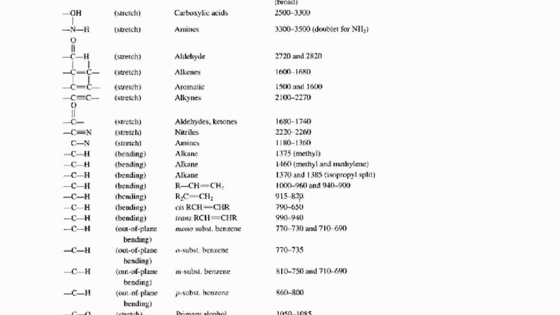That would be two peaks around 980 and 920. We don't have that really. We don't have a cis double bond. We don't have a peak at 650 to 790, and we don't have the trans, which is 940 to 990.